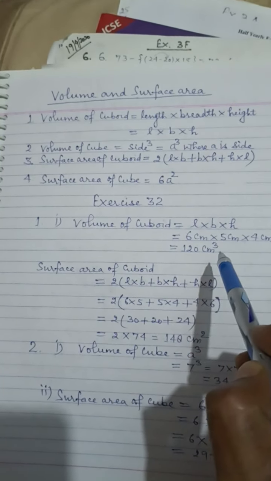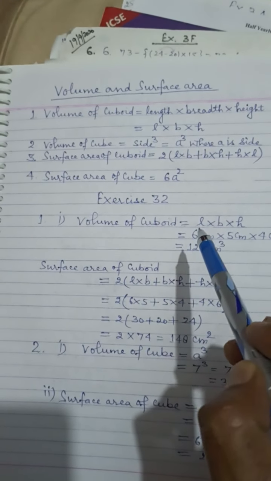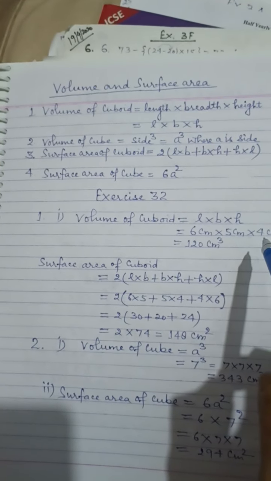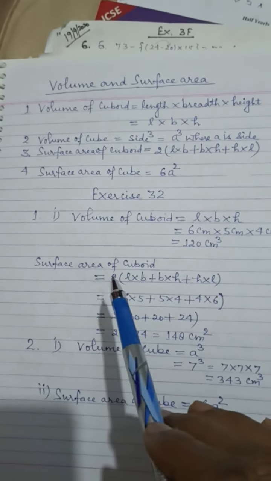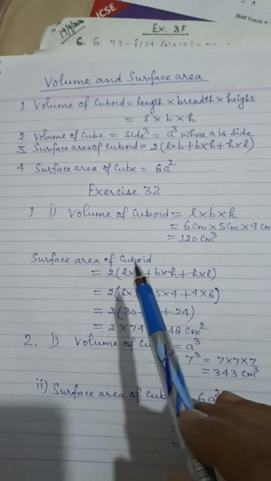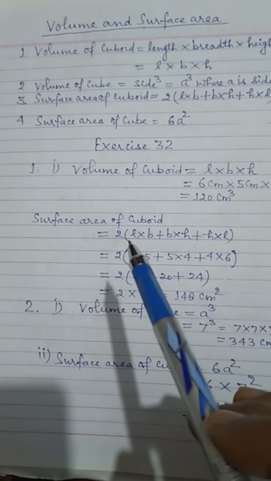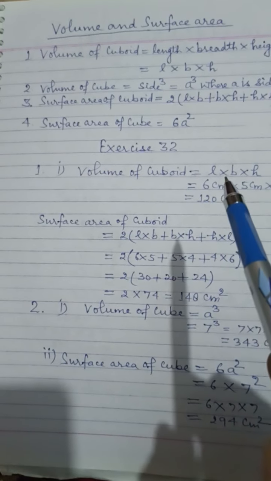Now you know L is equal to 6, B is equal to 5 and H is equal to 4. So you have to find out the surface area also. Surface area of cuboid is 2 into L into B plus B into H plus H into L. Write down this formula and put the values.